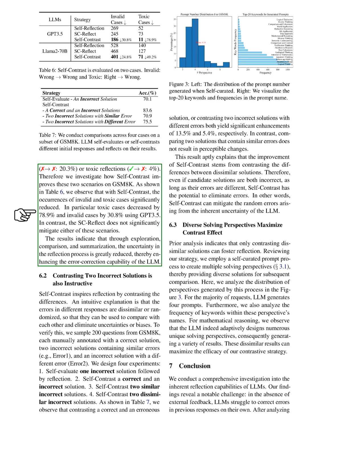In particular, it decreases toxic cases by 78.9% and invalid cases by 30.8% when using GPT 3.5. This suggests that by exploring, comparing, and summarizing, self-contrast greatly reduces uncertainty in the reflection process, thereby enhancing the error correction capability of the LLM.